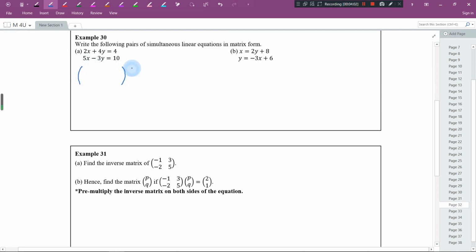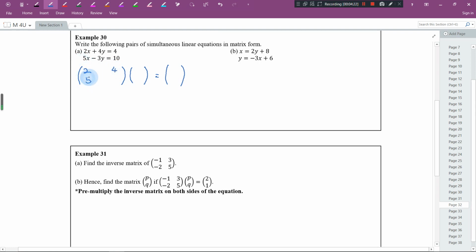One big parenthesis and two smaller parentheses. Now, 2, positive 4. We just look at their coefficients. 2, positive 4, you don't have to write the positive, you just write 4.